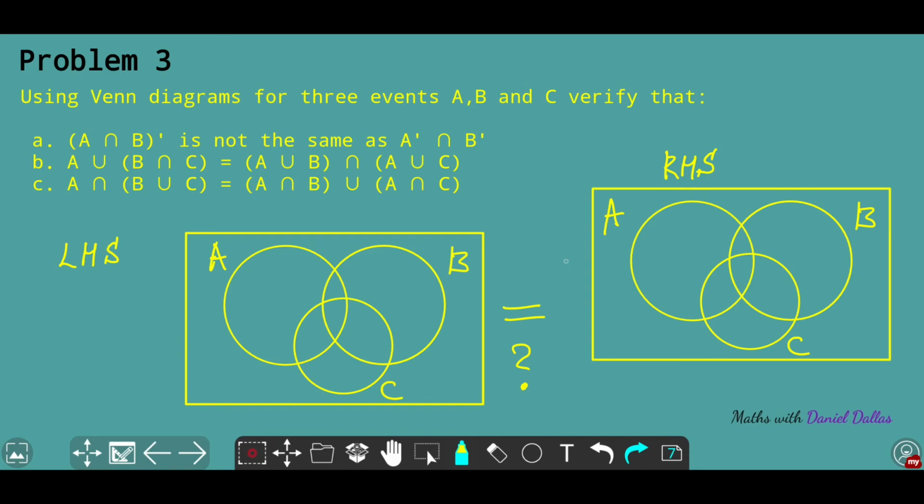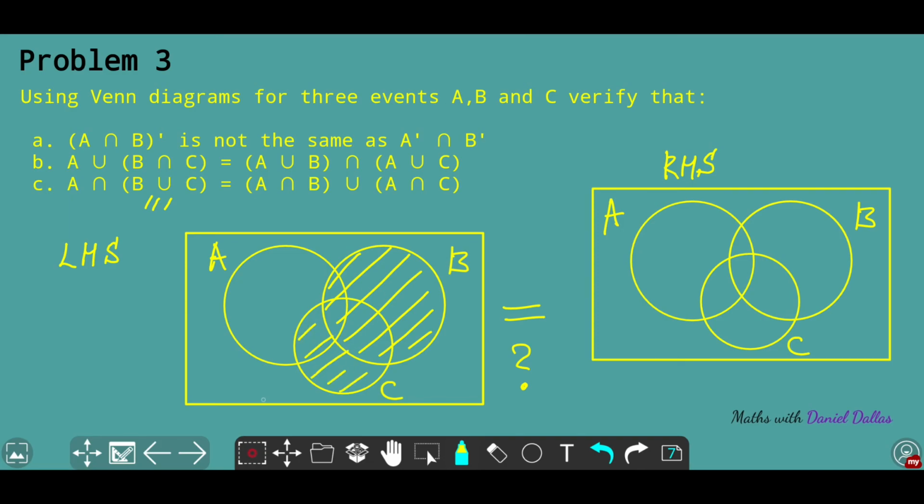So let's take this sort of shading for B union with C. It's everywhere here. Union means it's in B, C, or in both. That's much more correct. So that's why I'm going to use this type of shading. Hope you understand that's the union.